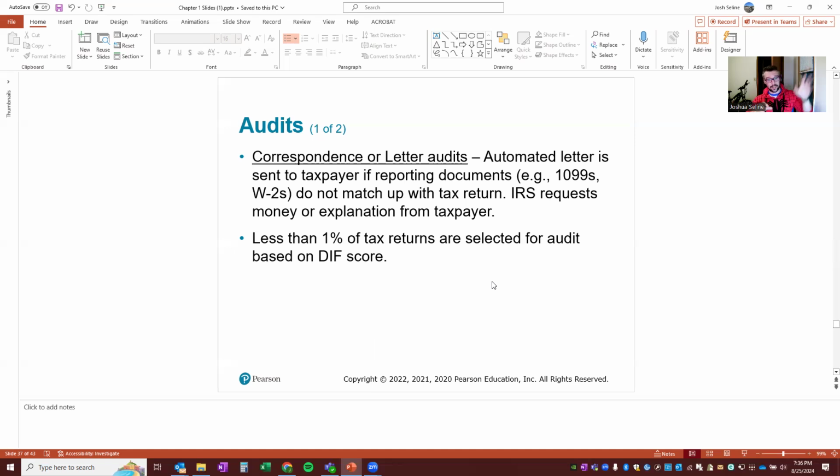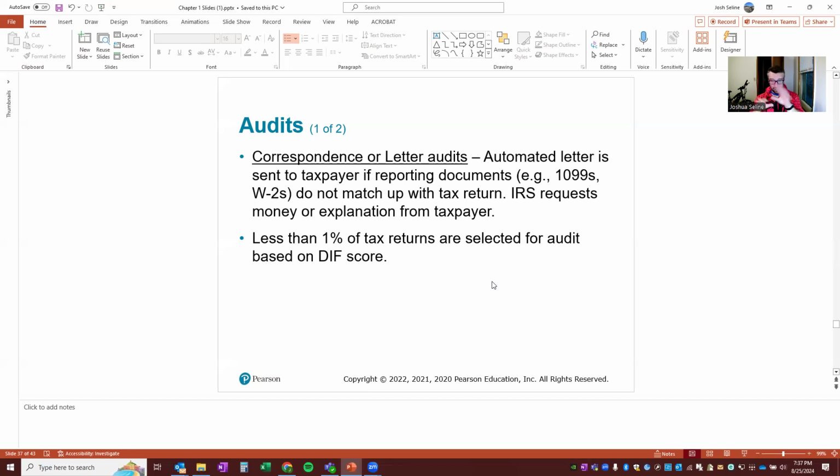Basically, the IRS has their equipment, their machinery that says, okay, we know that taxpayer A received this $1,000 in a 1099. And when taxpayer A's tax return comes in, they're going to match that. It's called the matching principle.